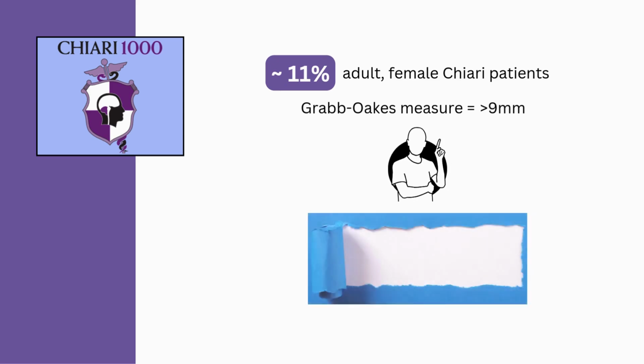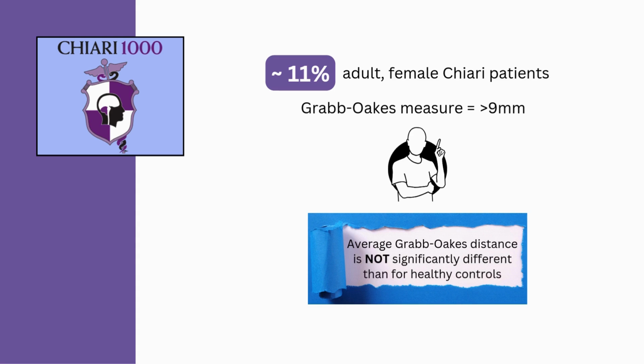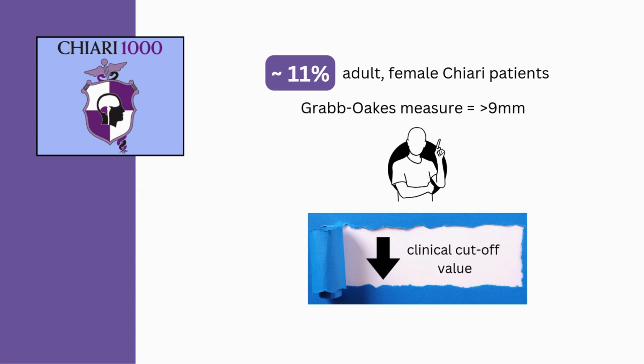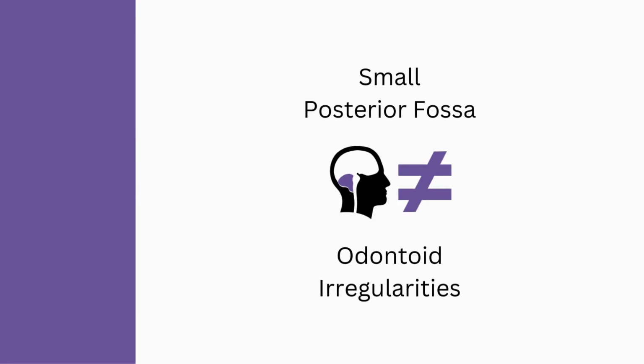However, the same data reveals that the average Grabb-Oakes distance for the Chiari group is not significantly different than for healthy controls, and is well below the clinical cutoff value. So much like with the small posterior fossa, not every Chiari patient has odontoid irregularities.